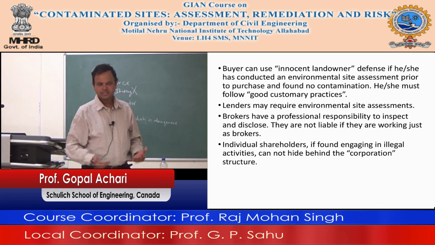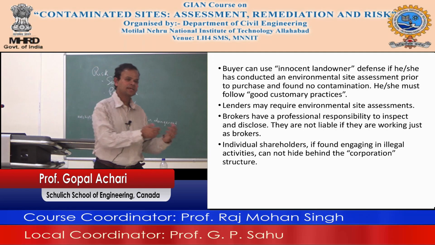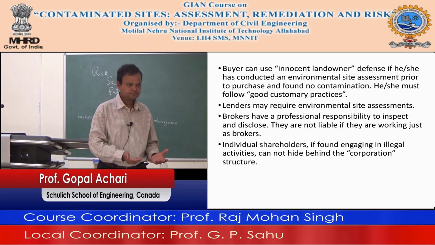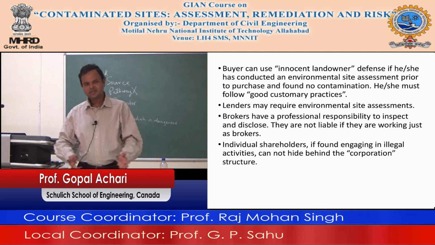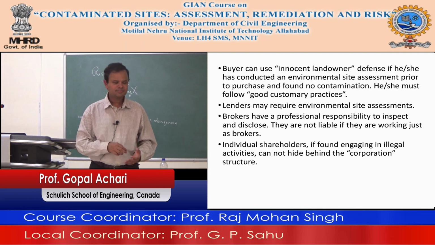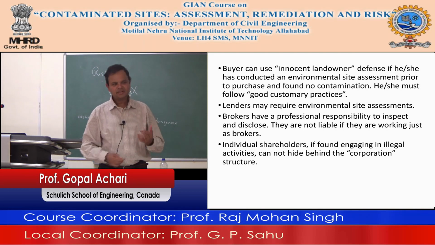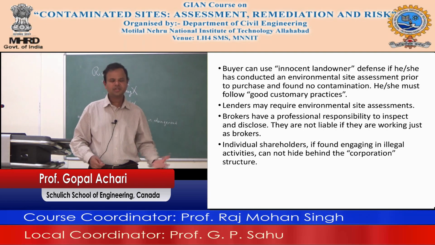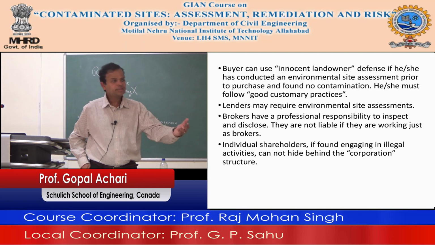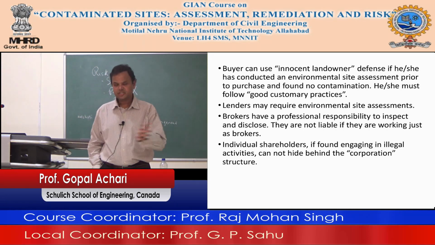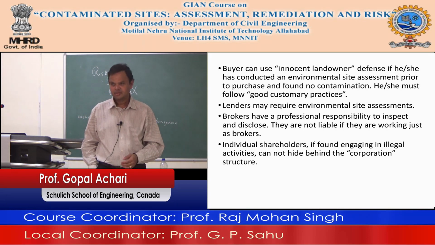If a contaminant is found in the site after the fact, the seller still holds the liability. Just because we signed on the deal and I managed to convince you to buy it at less than the full premium price doesn't mean I have actually passed on the liability to you. The liability can still be mine, provided you have not done something that aggravates the situation, in which case it's joint liability. Okay?